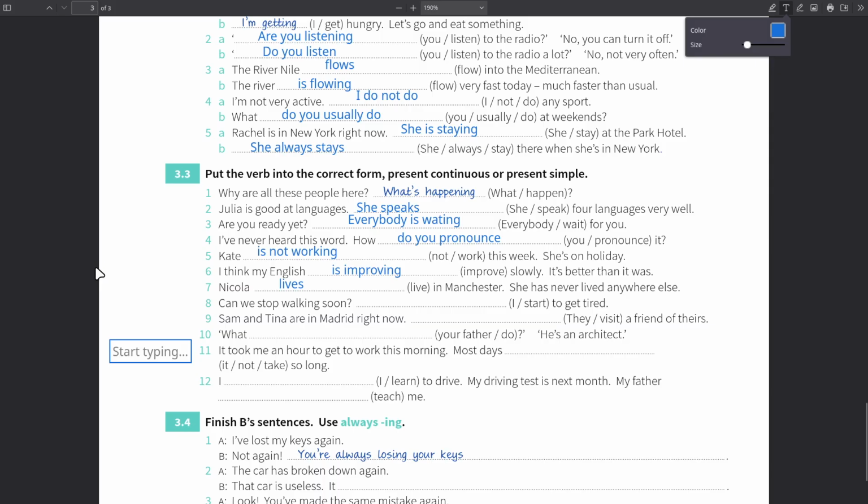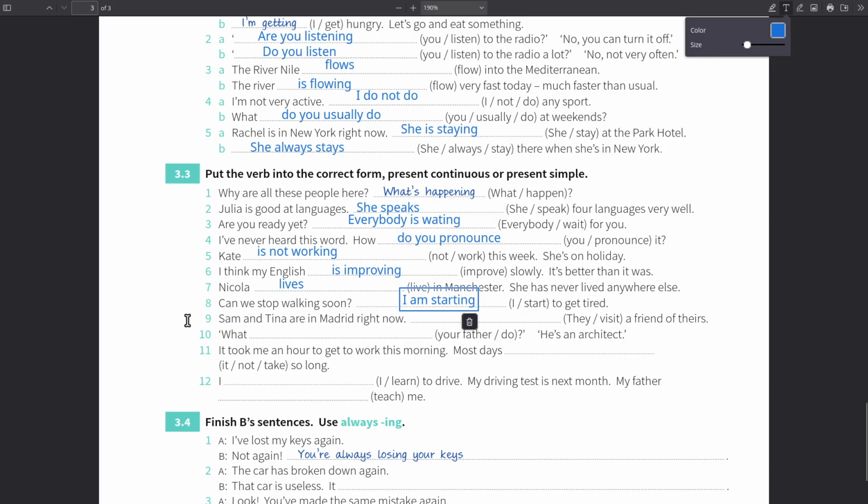Can we stop walking soon and start to get tired? So in that case, we're talking about the present simple because we're saying I am starting, and starting to get tired.